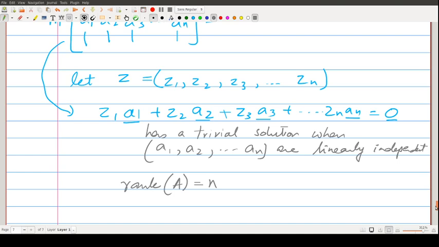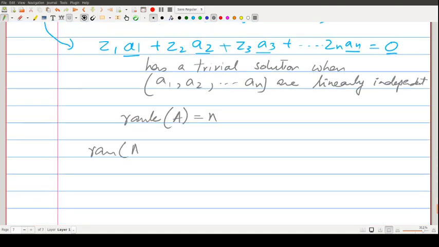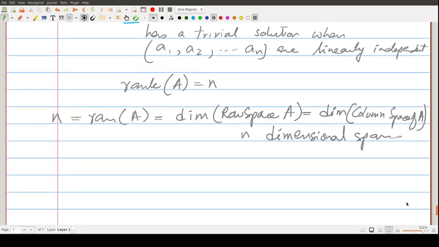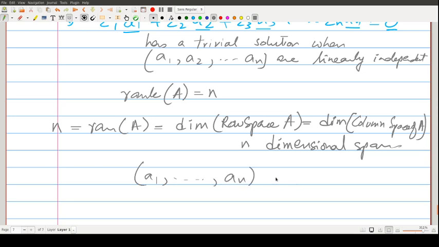If you remember, the rank of A is the dimension of the row space of A, which is incidentally equal to the dimension of the column space of A. Which means the column space of A is n dimensional, so it has an n dimensional span, which means A1 to An have to be linearly independent, because if they're linearly dependent, their span will be less than n dimensions.